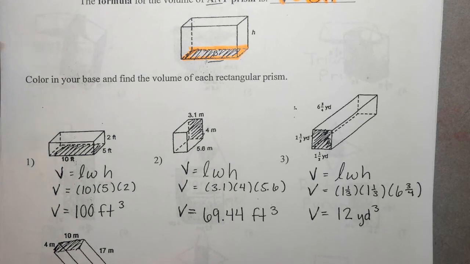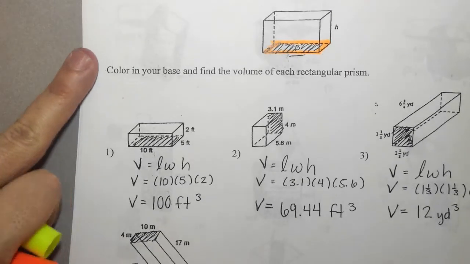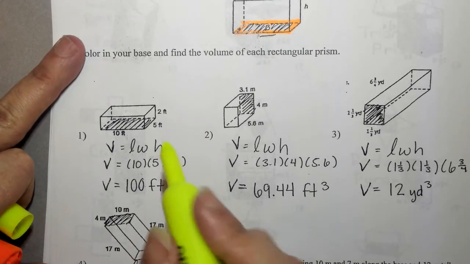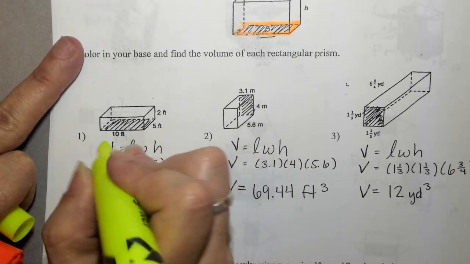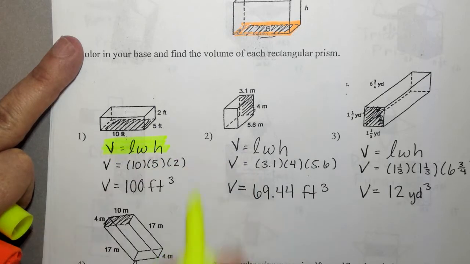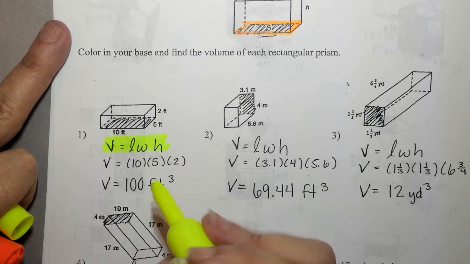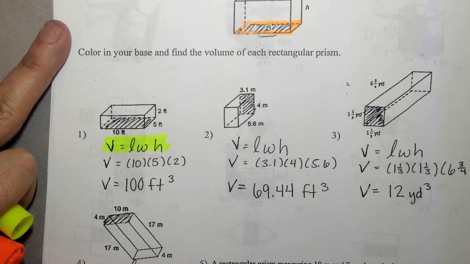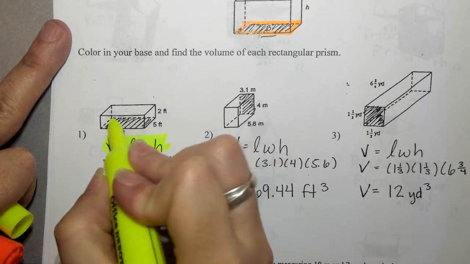We have colored the base for these rectangular prisms. And it's kind of like last week where if they ask us to find the volume, you write the formula. Then you got to figure out your length, your width, and your height. Here is the base.